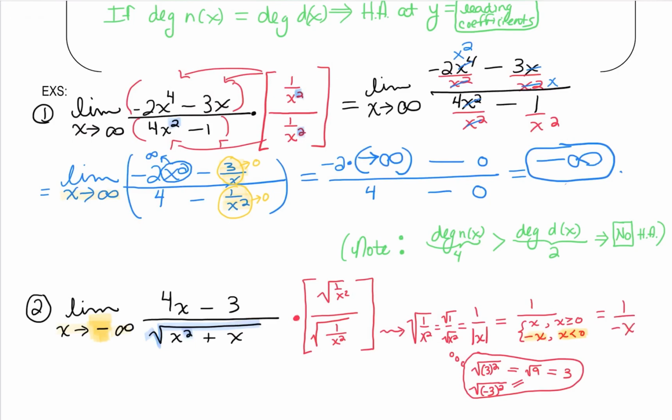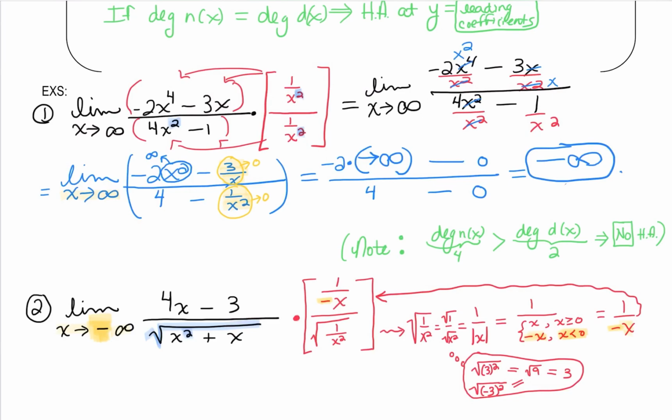So after all of that, what I now know is that the square root of 1 over x squared is going to equal either 1 over x or 1 over negative x. In this case, it's 1 over negative x because I'm looking at the limit as x goes to negative infinity. And that's why we ended up with the negative x on that.